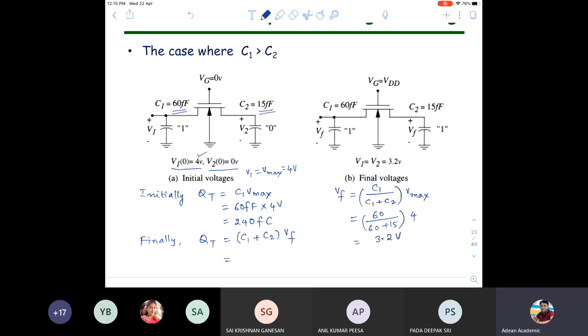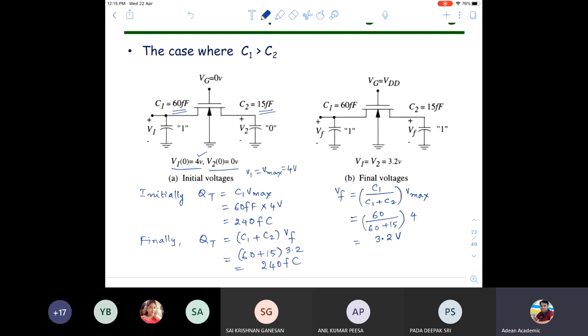That is equal to 60 plus 15 into 3.2, which is 75 into 3.2, and that again gives 240. So whatever charge is present before charge sharing and after charge sharing will be the same. So the total charge will be the same.